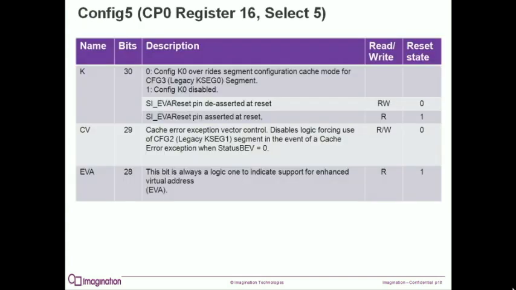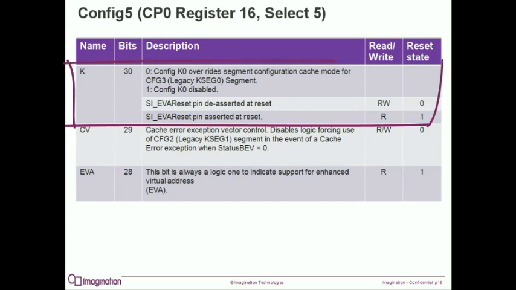There are three fields in the CP0 Config5 register that are used to configure the core for legacy compatibility. The K bit controls the use of the K0 field in the CP0 Config register. For non-EVA legacy cores, the K0 field controls the cache coherence attribute of the KSEG0 virtual memory segment.